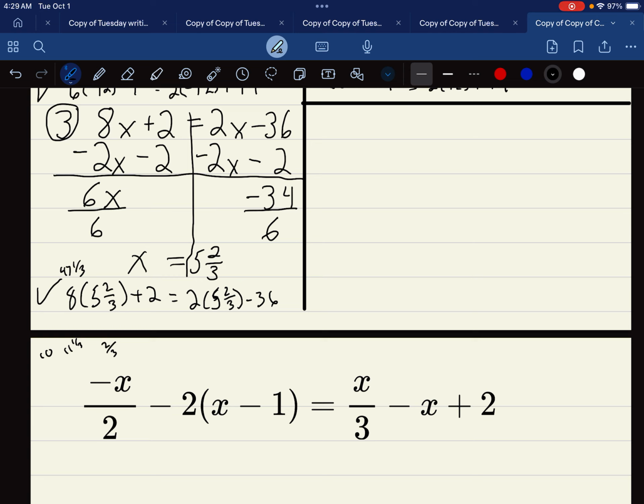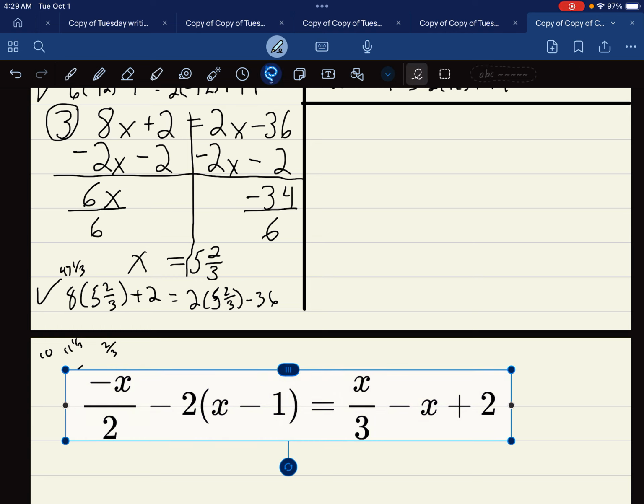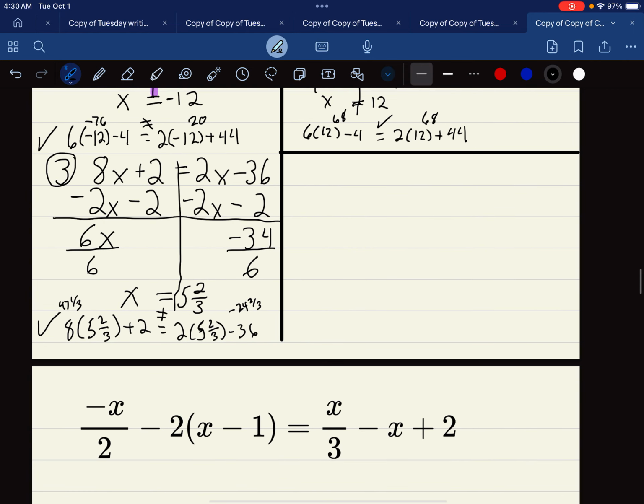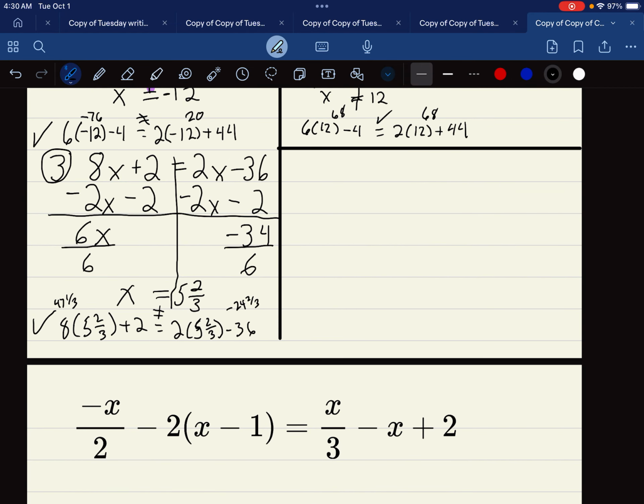Okay, so those are not equal. Now, on your independent practice, you may have 1 or 2 that are actually equal and correct.